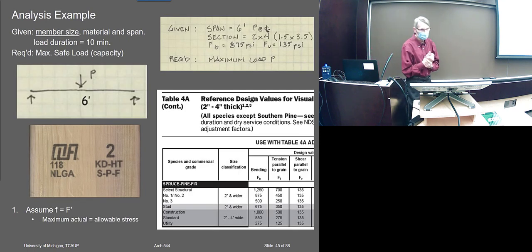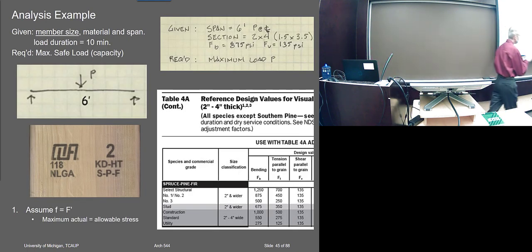Okay, so here, this lovely example. This is supposed to be 6 feet. I couldn't find one that was quite 6 feet. It looks more like 5 feet, but close anyway. A little 2x4, right?